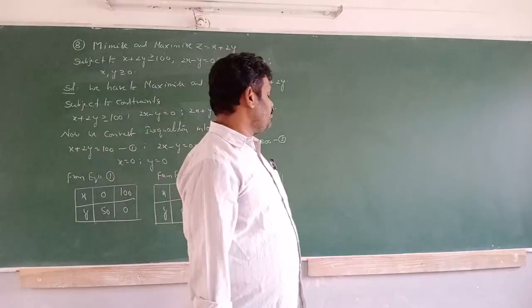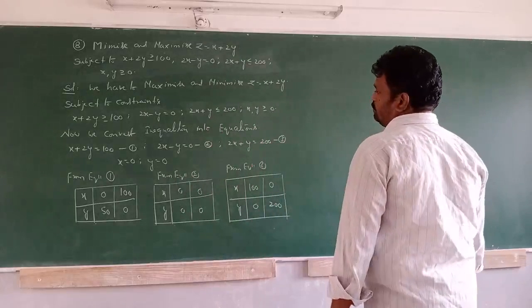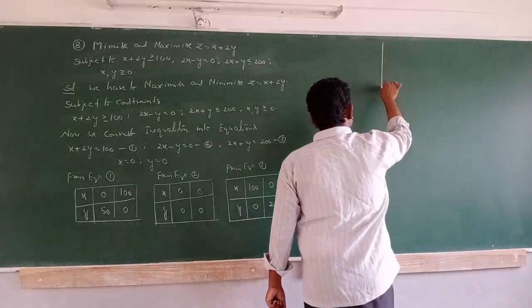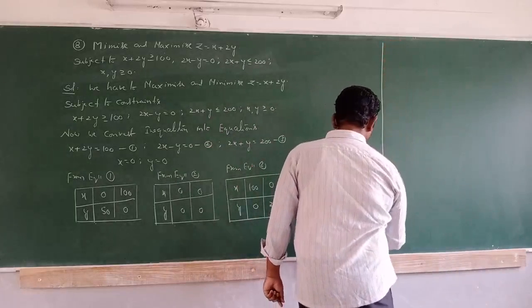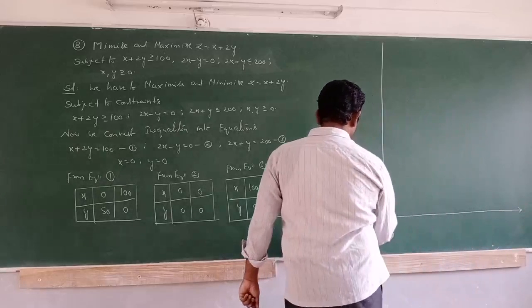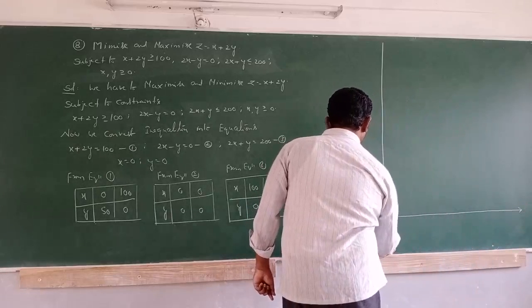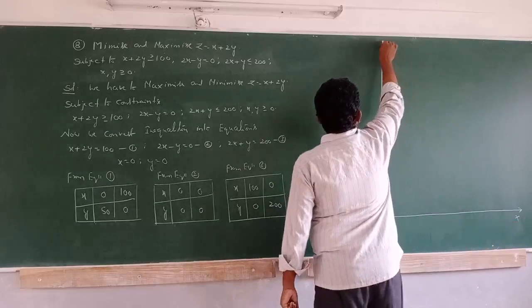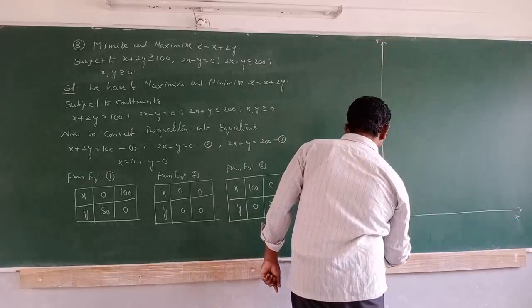Okay? Now if you want to draw the graph of this function, only positive values are there. So the horizontal axis is x dash, x, and this one is y, and this one is y dash.